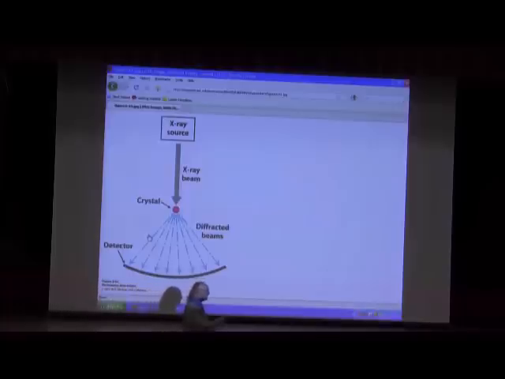What happens as those X-rays pass through the crystal is they interact with the electron clouds of the individual nuclei, and they get diffracted, that is, they get bent. The bending of the X-rays can be traced back to the original source, which is in the crystal, and using some very sophisticated techniques, one can determine the location of every atom in it.